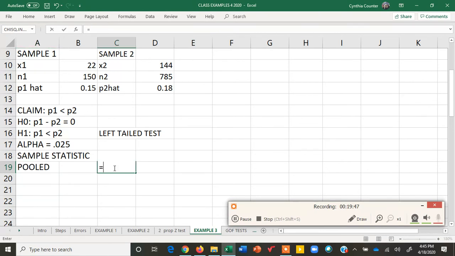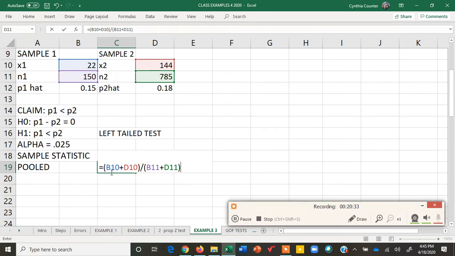So this is going to be the sum of the successes, x1 plus x2, and remember to enclose that sum in parentheses so that the addition is performed before the division by the denominator, which itself must be enclosed in parentheses so that the addition is performed before this division. So parentheses n1 plus n2. And I forgot to put my plus. So n1 plus n2, close parenthesis.